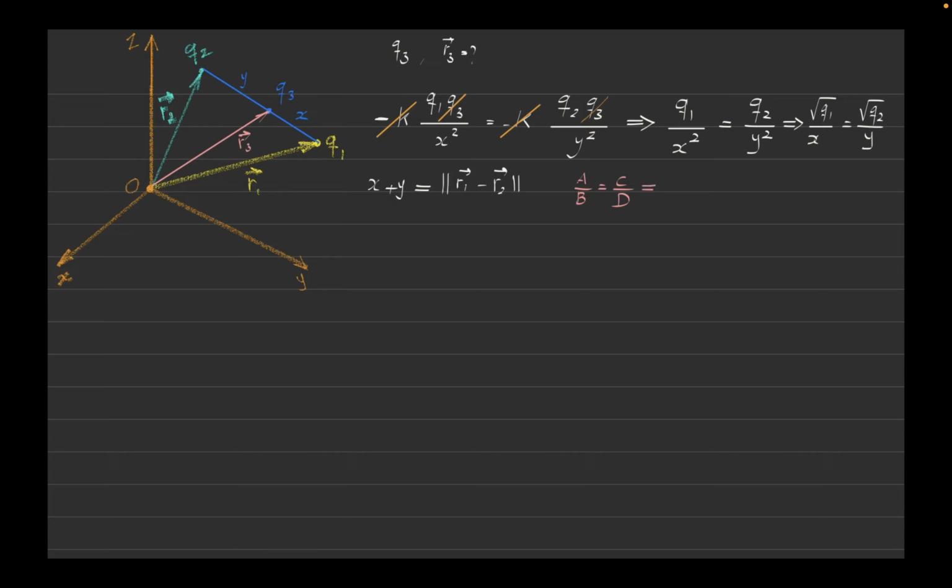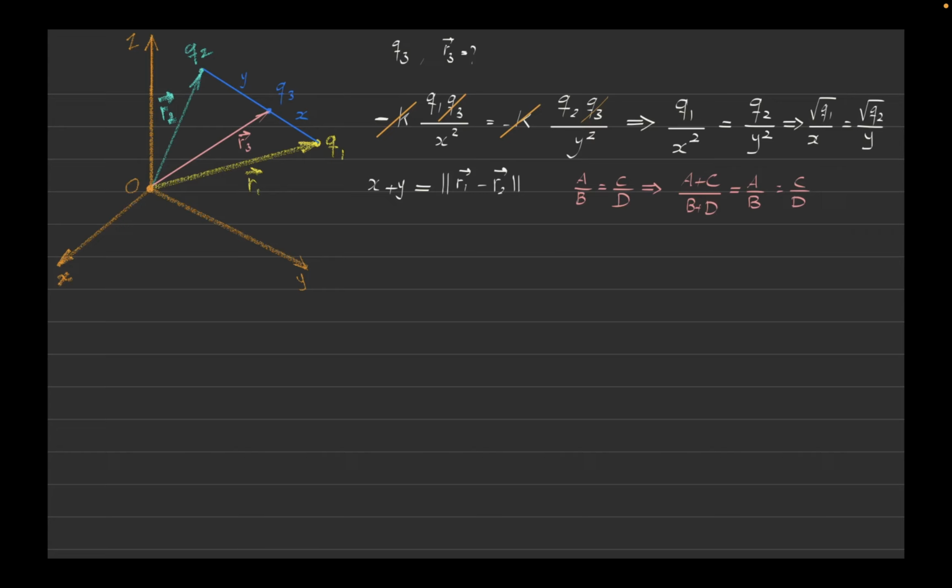Then if you want to, you can add the numerators, you can add the denominators, and make a new fraction, a plus c over b plus d. It is very easily seen that this new fraction has the same value as the original fractions.